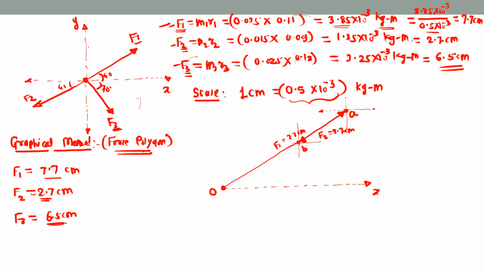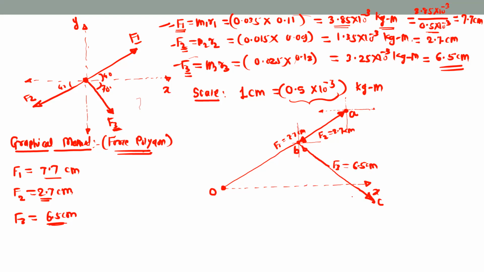So you can draw the vector of 6.5 centimeter. So this is the point C. So BC is nothing but F3, and the length is 6.5 centimeter.